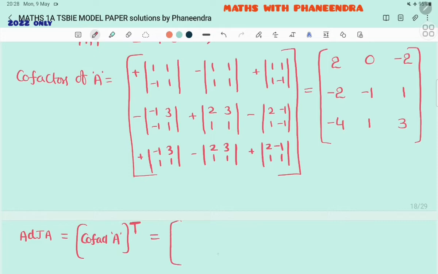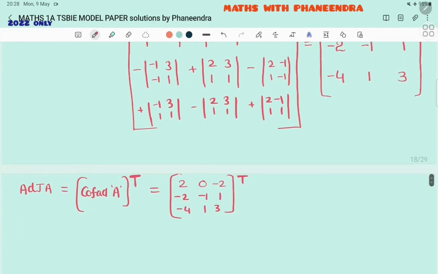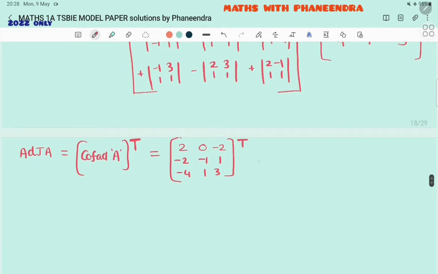So the cofactor matrix is 2 0 minus 2, minus 2 minus 1 1, minus 4 1 3, which is equal to adjoint A. So 2 minus 2 minus 4, first column will become first row, 0 minus 1 1, minus 2 1 3.